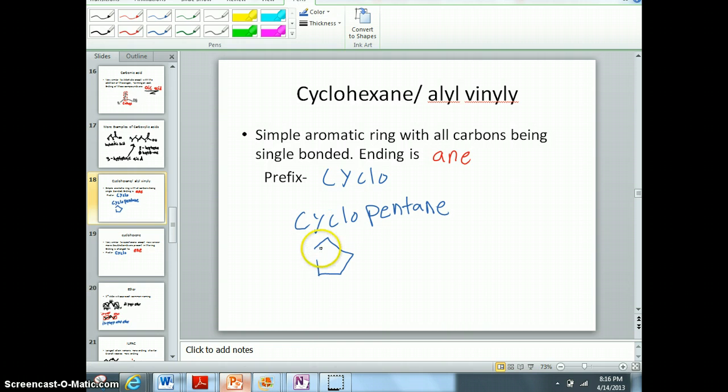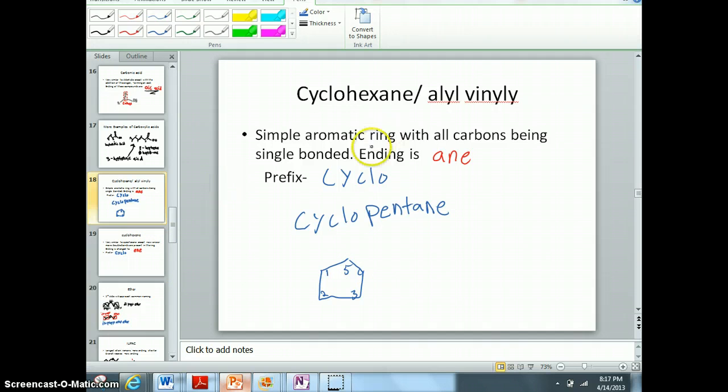Okay. That is bad. Alright, one sec. I usually just make a little pentagon in my mind, so we'll just stick with that then. Not exactly what it looks like in chemistry terms, but it'll work. 1, 2, 3, 4, 5. And there you go. Cyclopentane. Easy stuff.